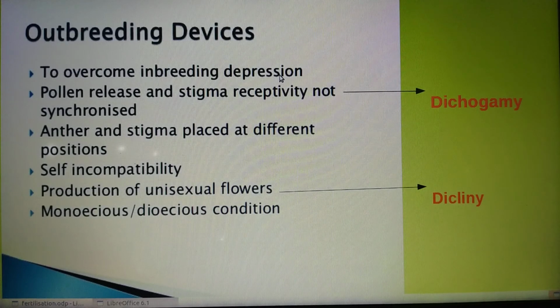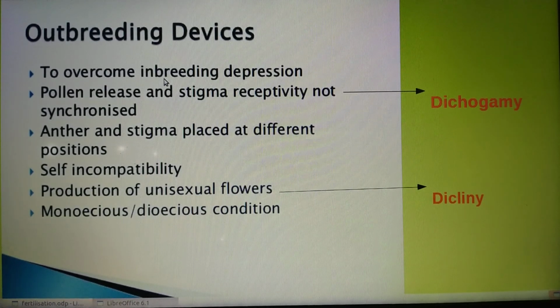Next phenomenon we are going to discuss is called outbreeding devices. So what is the meaning of outbreeding devices? Suppose a plant is performing continuous inbreeding. What is the meaning of inbreeding? Inbreeding means self-pollination. If a plant performs continuous inbreeding, what happens?